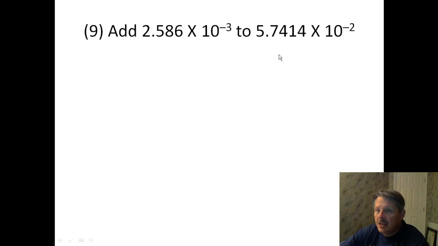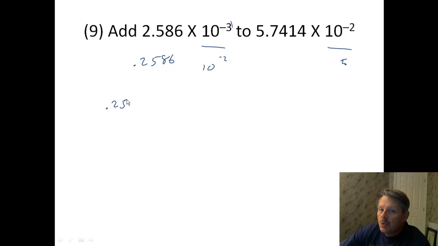Number 10, my bigger number is the -2 one. So I'm going to say, well, I want to make this one -2. So that's 10 to the -2. If I made that number bigger, I have to make this one smaller, so that's 0.2586.